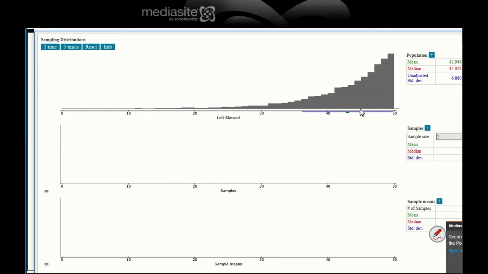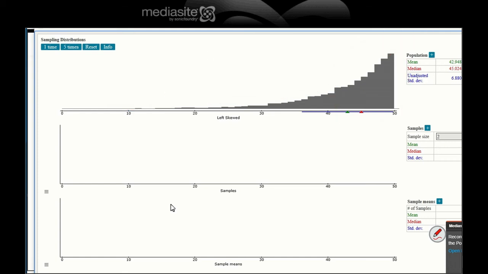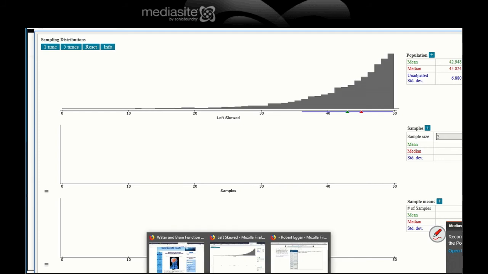Now, note when we talk about skewness, we look at whether it's left skewed or right skewed is where the tail goes off to. Notice we have the bulk is on the right and it trails off to the left, thus left skewed. So let's hold that thought there.